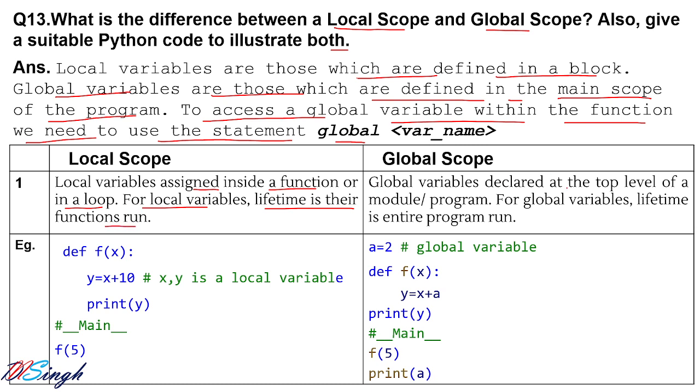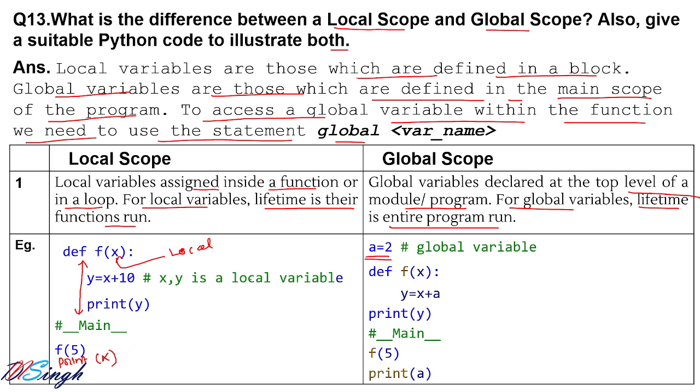A global variable is declared at the top level of the module or program, and its lifetime is the entire program run. So at the top level we are declaring a global variable, and this x is a local variable to that function. And what is its lifetime or span? In this block it is alive. If I try to access the same variable here, print x, it is going to give me an error, not defined.